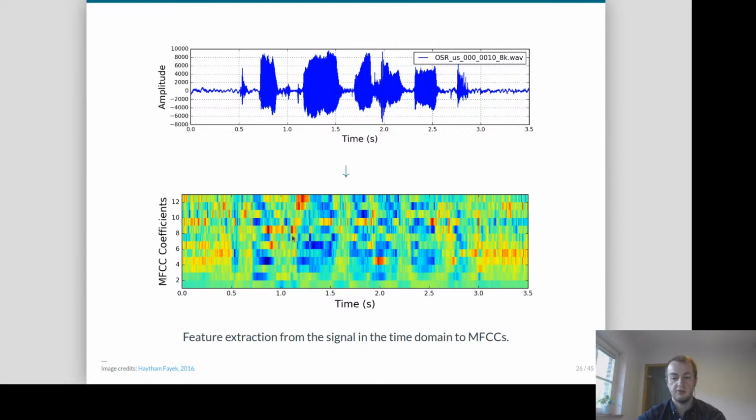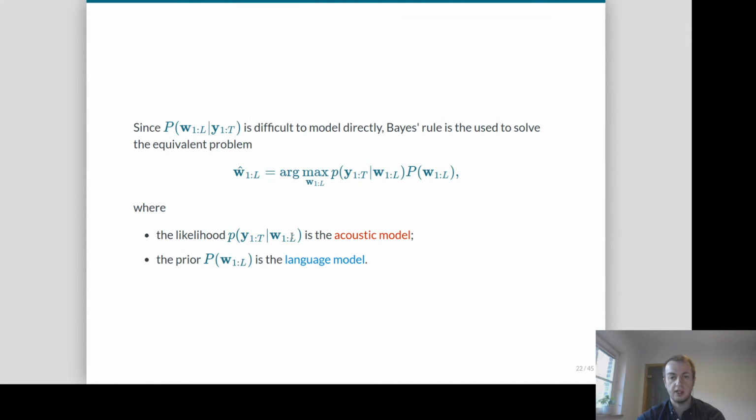It is on this representation that we will try to estimate this conditional probability, meaning we'll try to define a relation between words and their corresponding acoustic vectors, or their corresponding MFCC vectors.